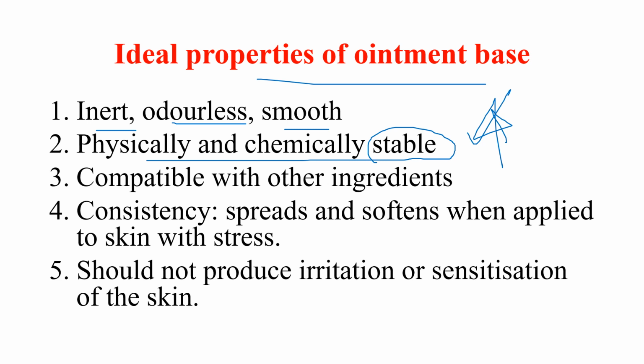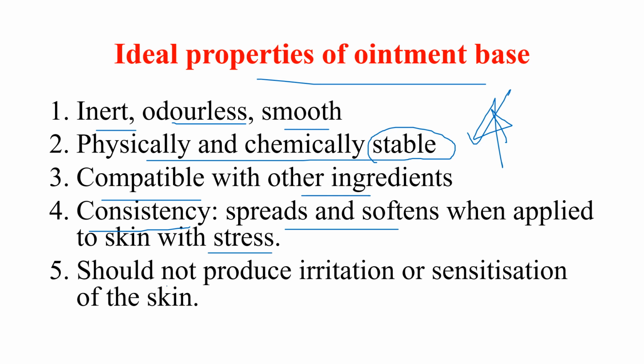And when combined with other ingredients, it should be compatible. There should be no incompatibility. It should not lead to any chemical incompatibility. And when prepared, consistency should be maintained. That means it needs to spread smoothly and softly when applied onto the skin with stress.